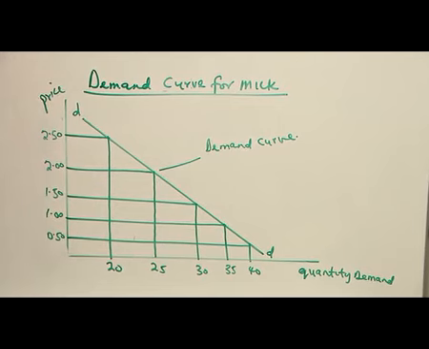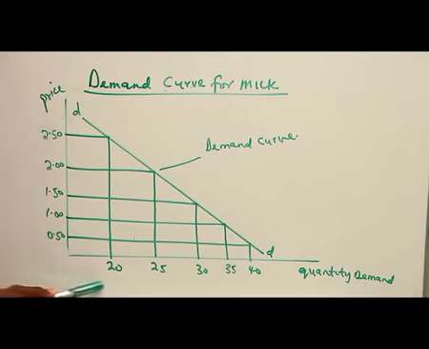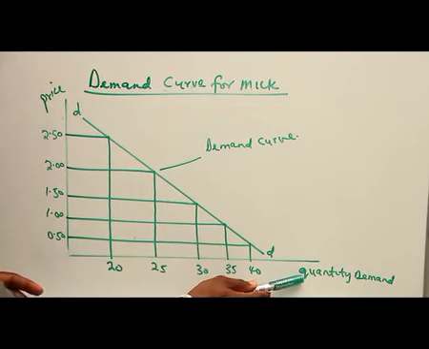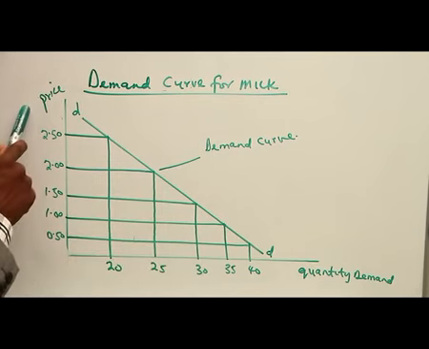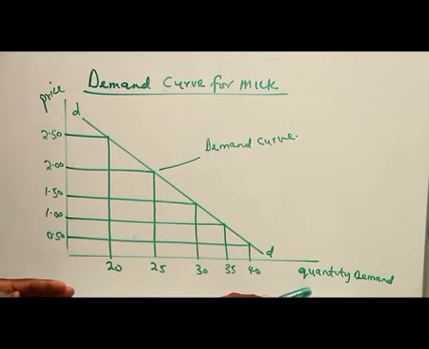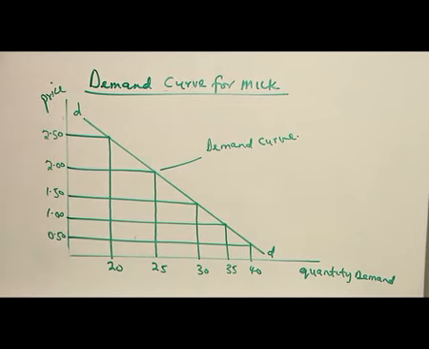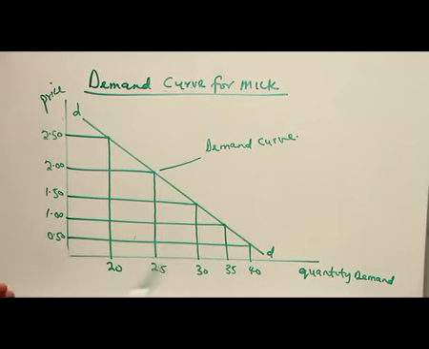You observe that as the price is coming down, quantity demanded is increasing, which shows that there is a negative relationship between price of the commodity and quantity demanded. So we have demand curve to be downward sloping. Let me repeat.